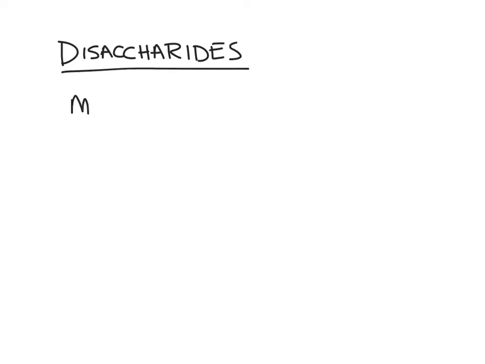There's maltose, or malt sugar, and that's a disaccharide that's been produced by glucose dehydration synthesized with another glucose.